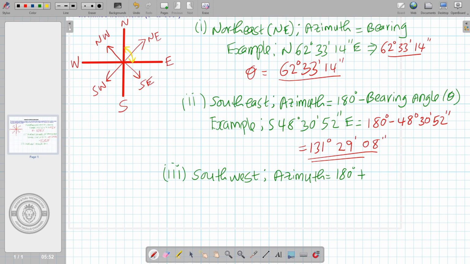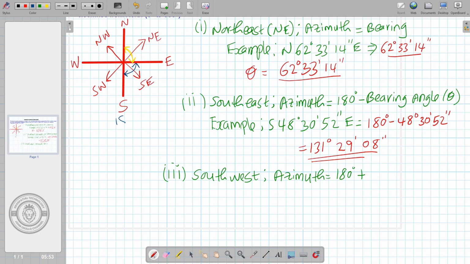Southeast falls into this category here. So to convert to azimuth, we get 180.